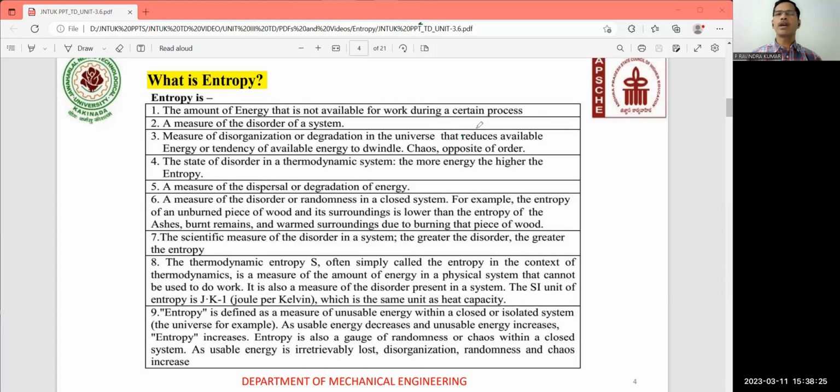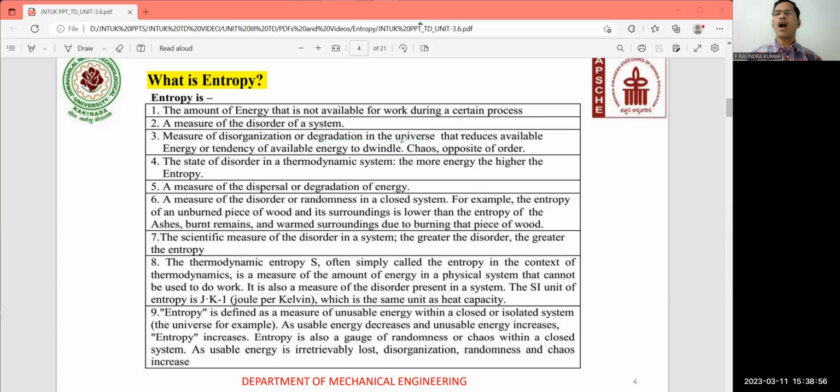It is a measure of molecular disorder, or molecular randomness, present in the system. That is entropy. It is a measure of disorganization or degradation in the universe.